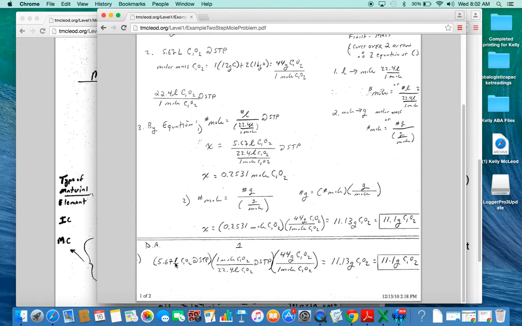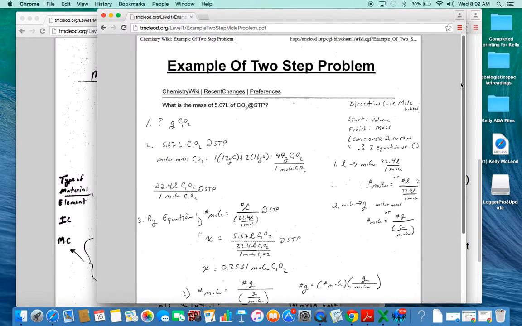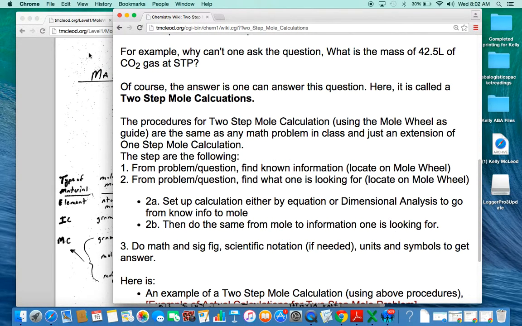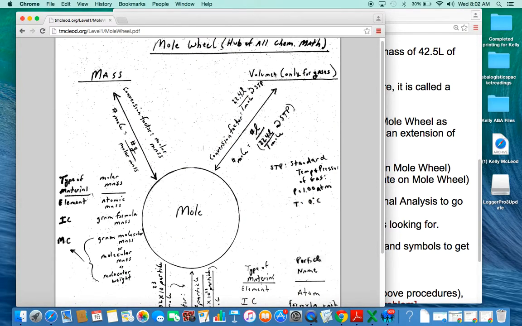For dimensional analysis people, in a 2-step, you just have 2 parentheses. Then you get your mass and you get the answer. It's exactly like a 1-step calculation, except you're just doing 2. And what it does is it allows you to go from one substance to another.